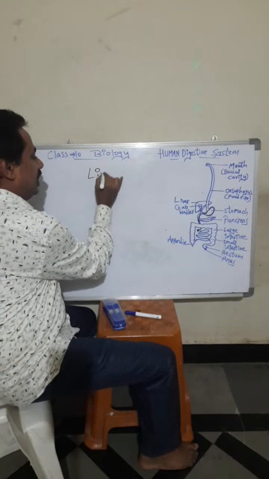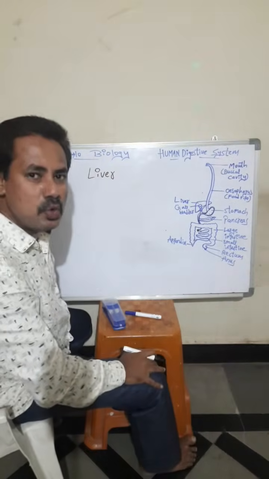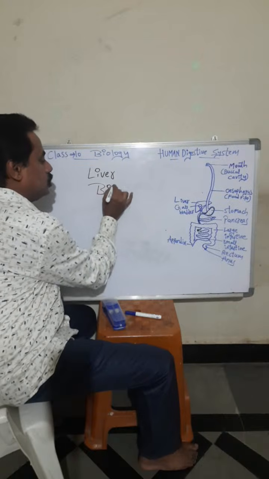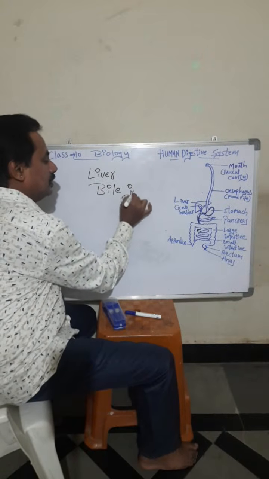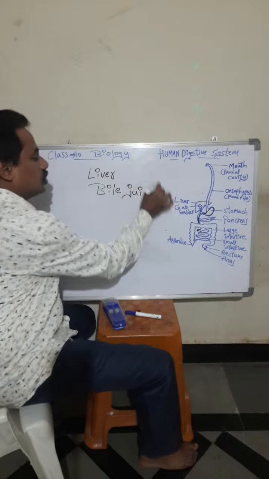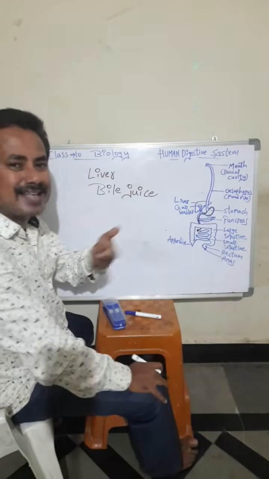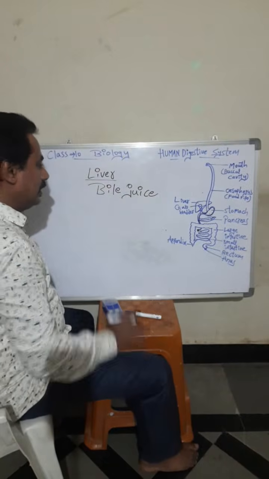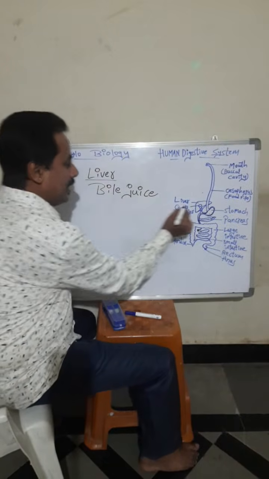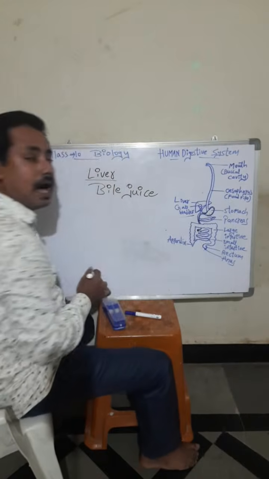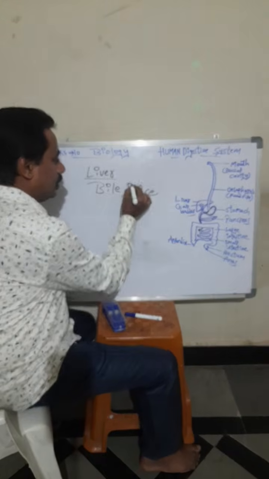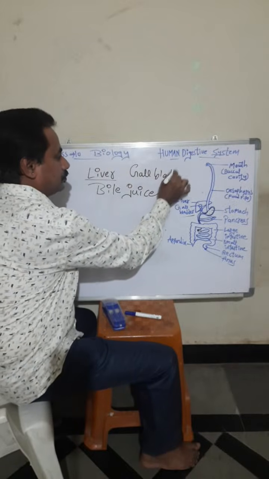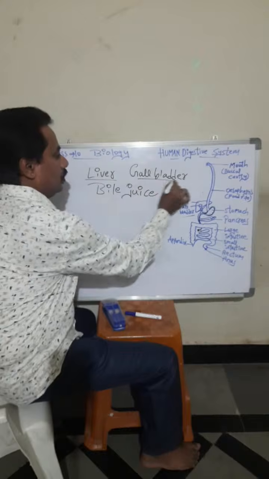The liver. What is the liver? It is a digestive gland which releases bile juice, students, or bile salts as we can call it. The liver releases bile juice and it is temporarily stored in the gallbladder. Where is it stored? In the gallbladder.